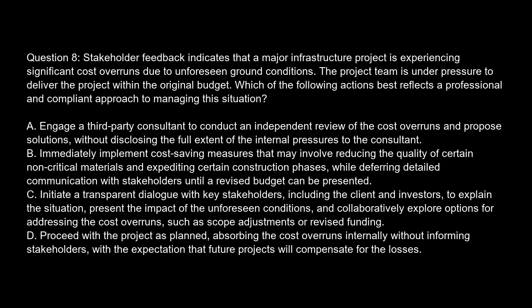Option C. Initiate a transparent dialogue with key stakeholders, including the client and investors, to explain the situation, present the impact of the unforeseen conditions, and collaboratively explore options for addressing the cost overruns, such as scope adjustments or revised funding. Option D. Proceed with the project as planned, absorbing the cost overruns internally without informing stakeholders, with the expectation that future projects will compensate for the losses.